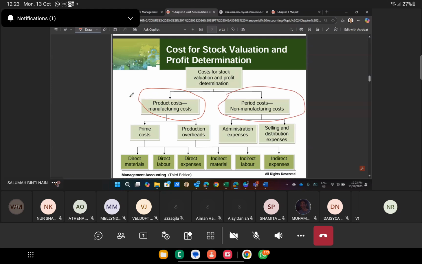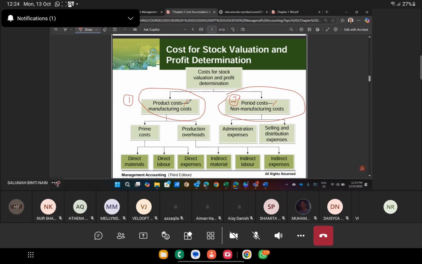This is actually cost classification number 1, product cost. Normally, product cost is also a manufacturing cost. So if they say manufacturing cost, that is actually product cost. Number 2, period cost. Period cost is also known as non-manufacturing costs.